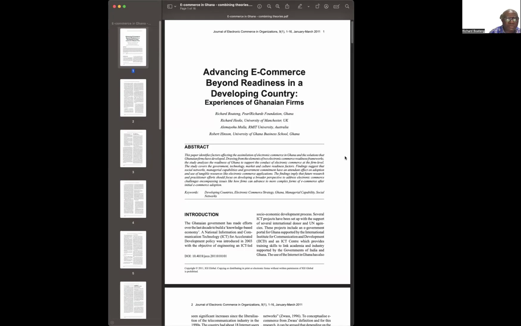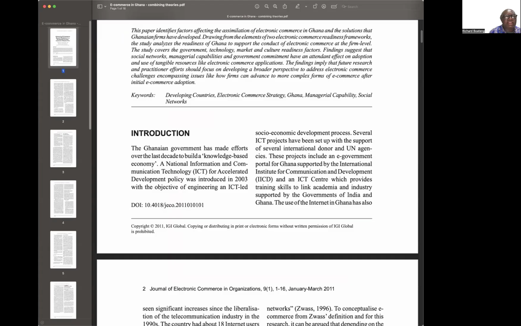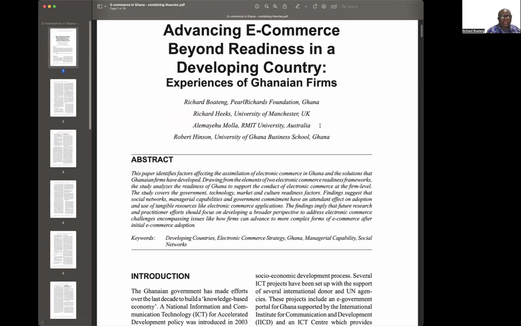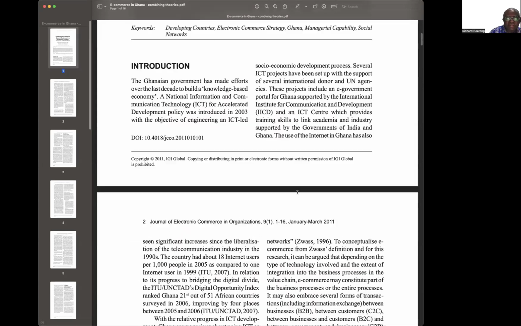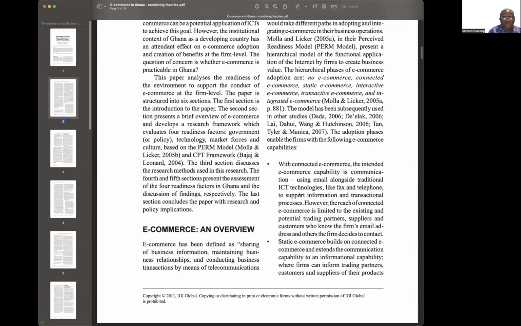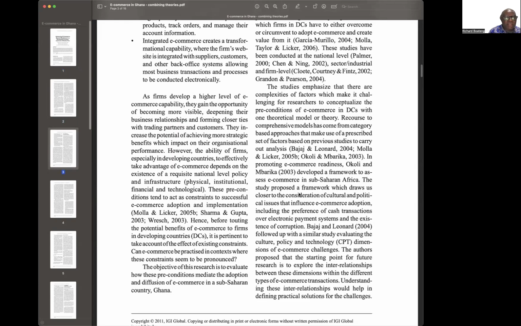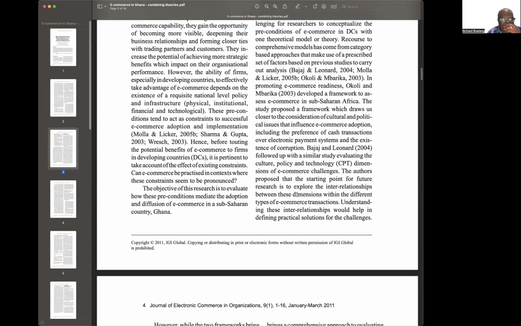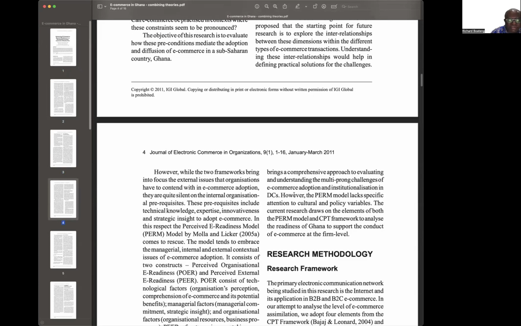For example, if you look at this paper that I did on advancing e-commerce beyond readiness, a case study of Ghana, I looked at four factors: government, technology, market, and cultural readiness factors. But these factors did not just show up out of nowhere. They are coming from other research.